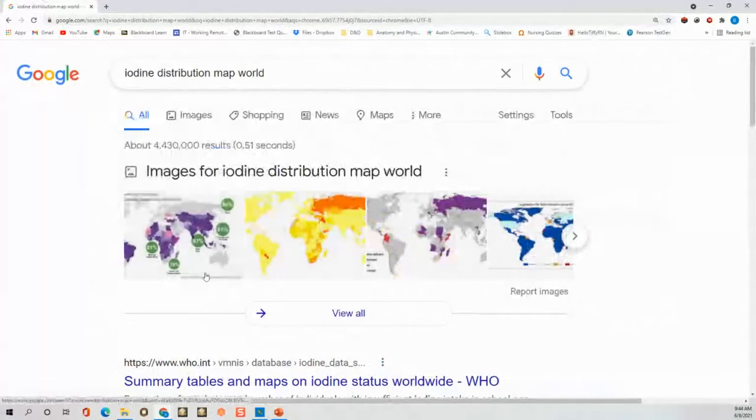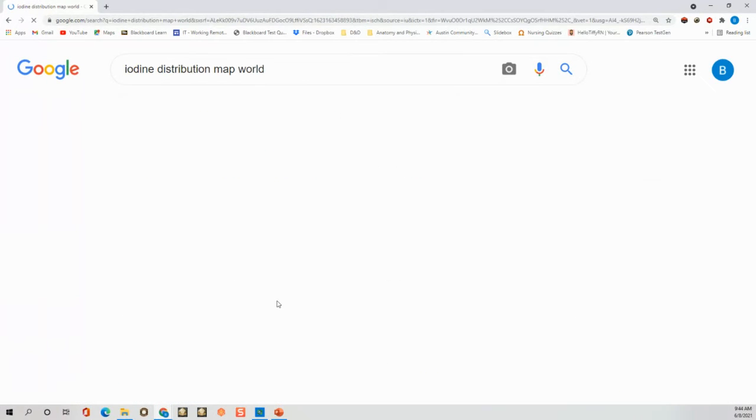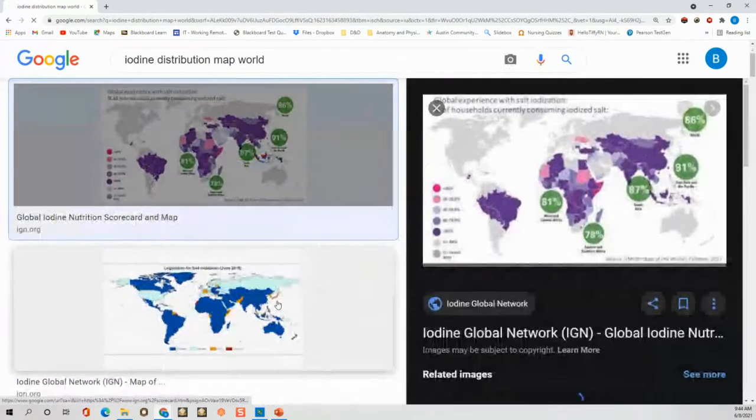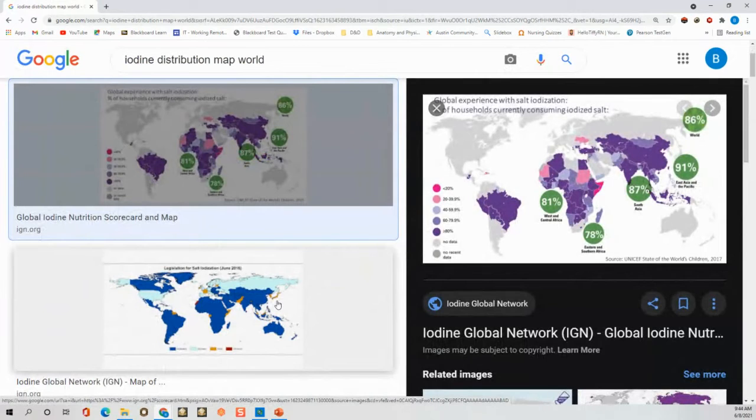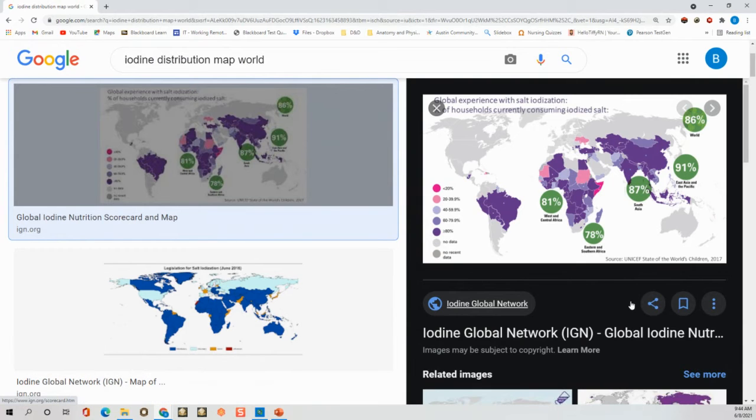So it's in soil, and there are parts of the world that don't have iodine in the soil. So as iodine's in the soil, the plants absorb the iodine. We eat the plants, or animals eat the plants, and then we eat those animals. Make sense? And then we get iodine from the food we eat. We don't synthesize it.